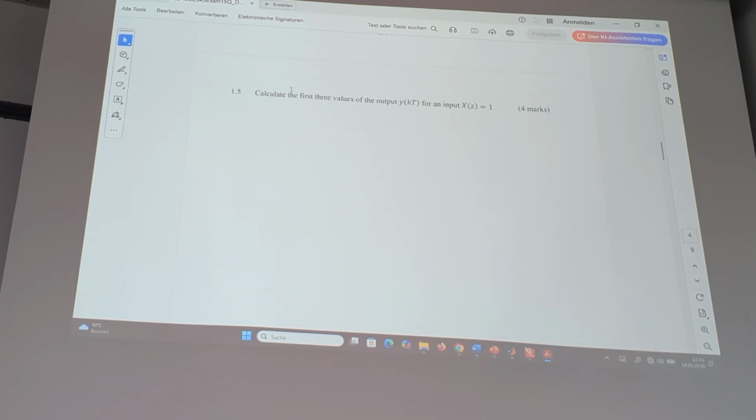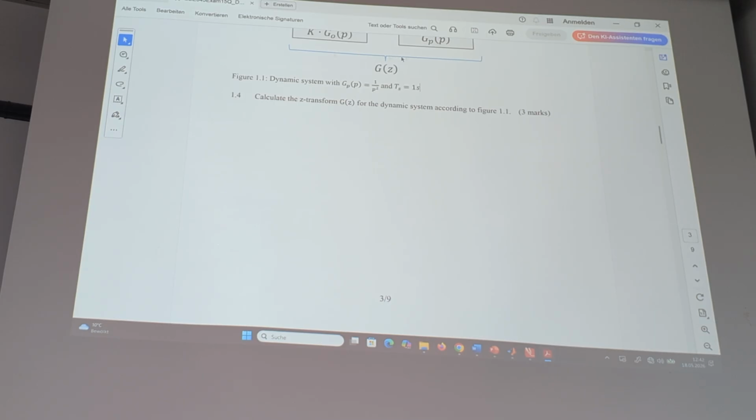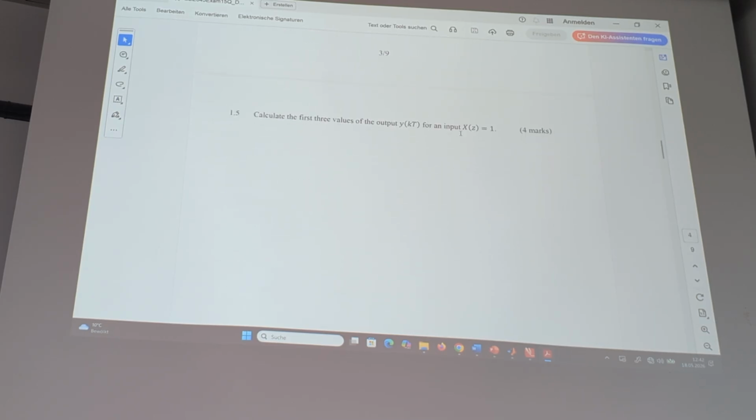What else do we have? Calculate the first 3 values of the output Y of KT for an input X of Z equal to 1. Okay, so we have the system here with the transfer function G of Z. We know the input, so we know the output is input times transfer function.